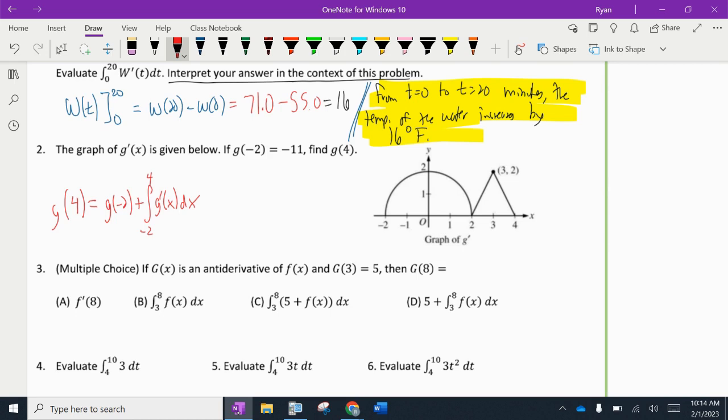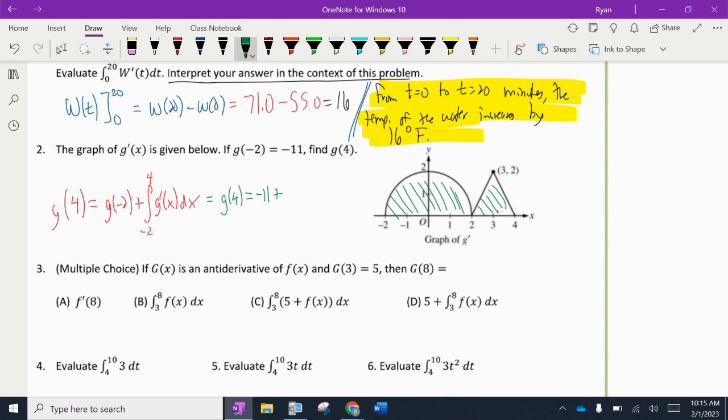That's why we have the derivative, the accumulated change from -2 to 4. I can plug some more numbers in here. We want g of 4. G of 4 equals, what is g of -2? -11, that's where it's starting, plus this total change in the position. So from -2 to +4, we're supposed to find that area under the curve.